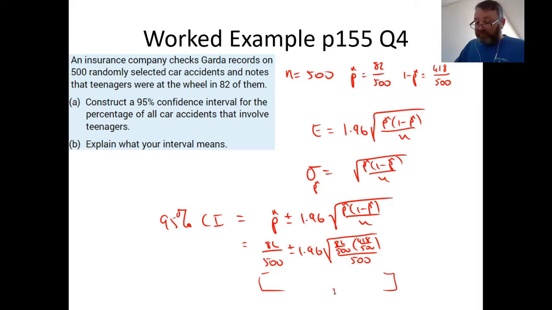So 82 over 500 minus 1.96, then press the root sign, press fraction and press fraction again. 82 over 500 multiplied by, brackets, fraction again, 418 over 500. Close that bracket, go down to the bottom line, put in your 500. Make sure you put in your 500, not 50, and then go out twice.